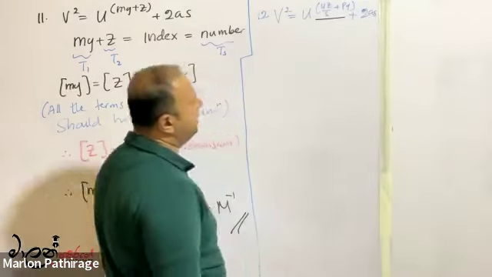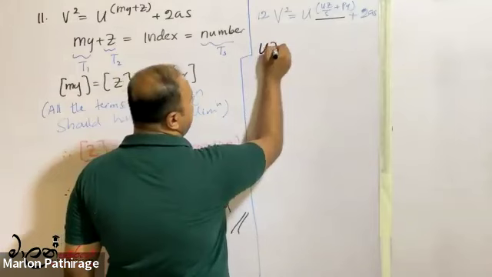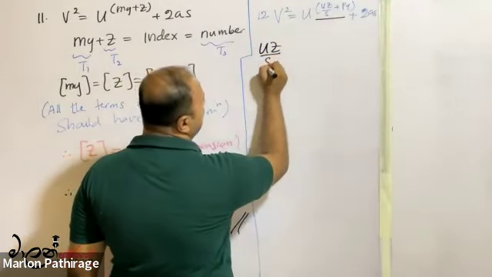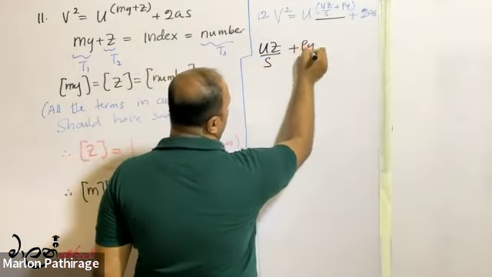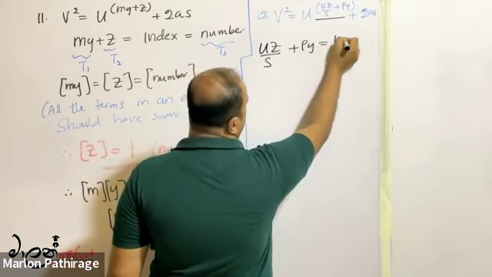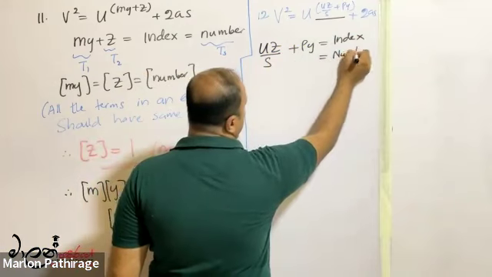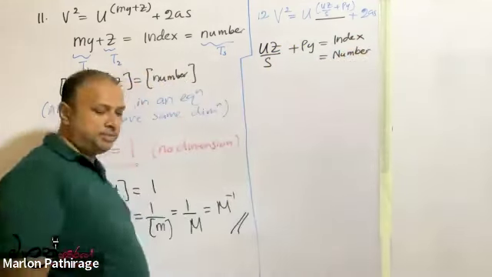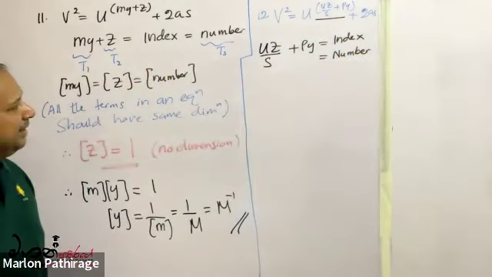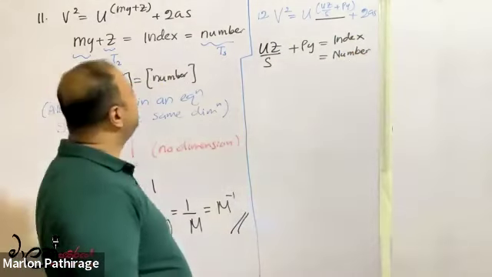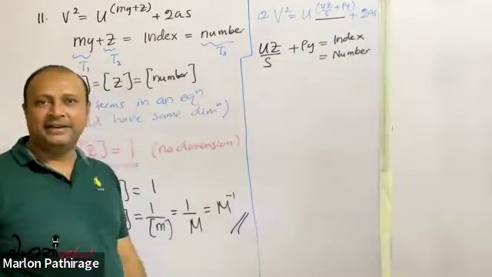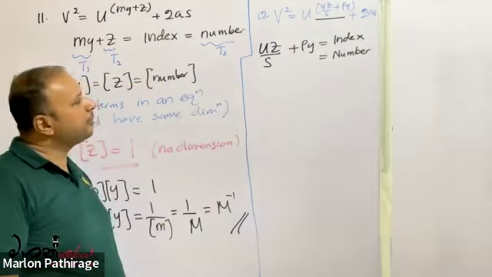Therefore, U Z over S plus Py is equal to the index. That means that is a number. Again, you can solve that one as in question 11.